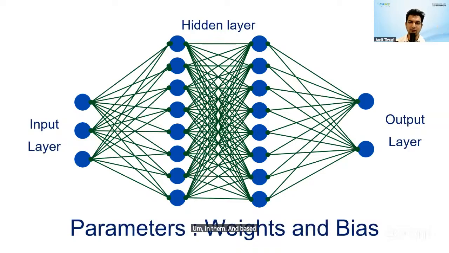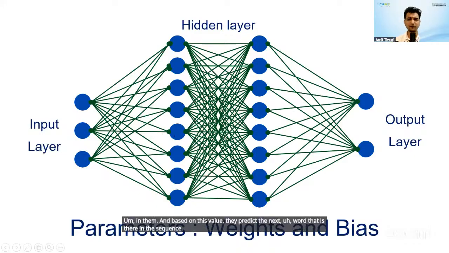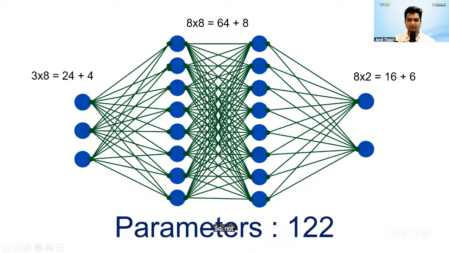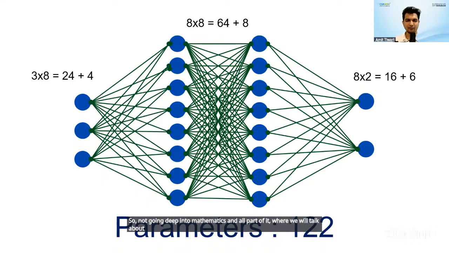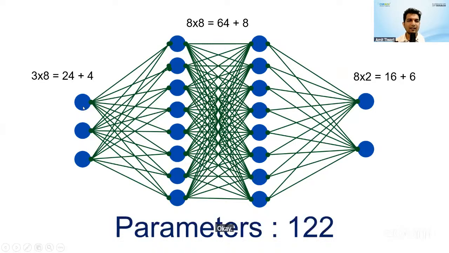Based on these values, they predict the next word in the sequence. Not going deep into the mathematics, where we will talk about objective function, backpropagation, and all these things, I am just going to explain in very simple language what these parameters are. Let's say they are some values which these nodes hold, and based on these values, they predict the next word in the sequence.